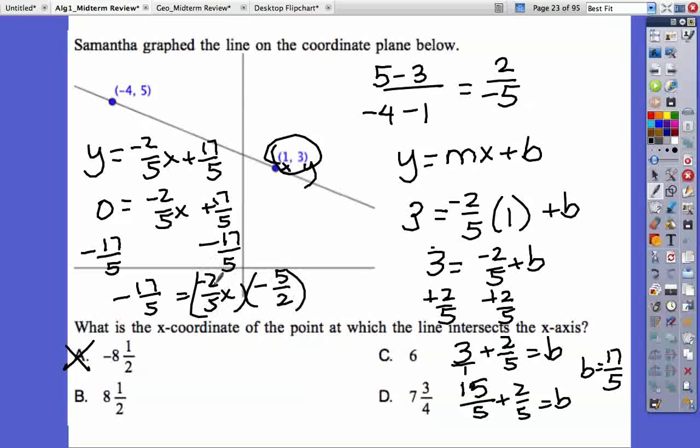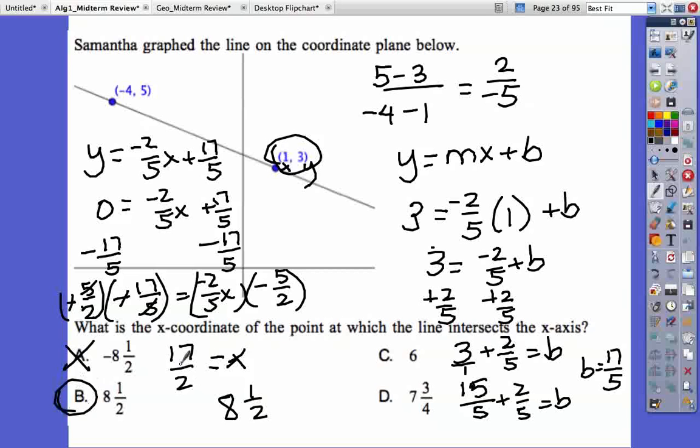Not only do I want to get rid of the 2 over 5, but I also want to get rid of the negative sign, so I'm going to multiply a negative times a negative so I can make it a positive. The 5's cancel here. The negatives cancel here. I get x is equal to 17 over 2. 2 goes into 17 8 times with 1 left over. My answer is B. B is the correct answer.